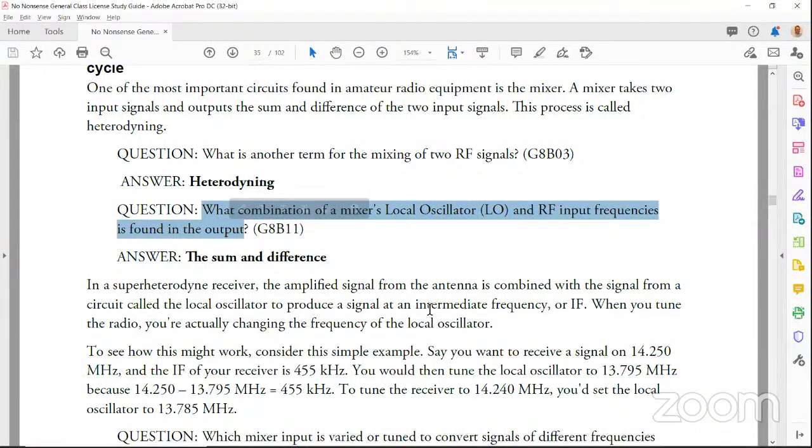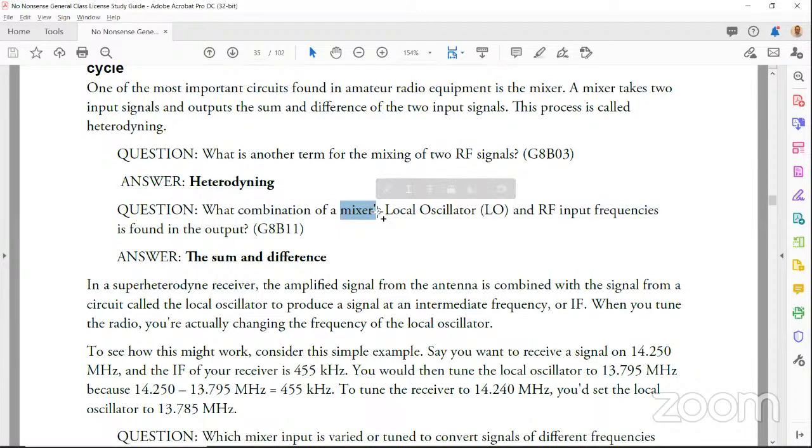What combination of mixer, local oscillator, and RF input frequencies is found in the output? So let's dissect that question. What they're asking us is about the mixer that takes two signals. It takes the signal from a local oscillator and it takes the RF input frequencies.